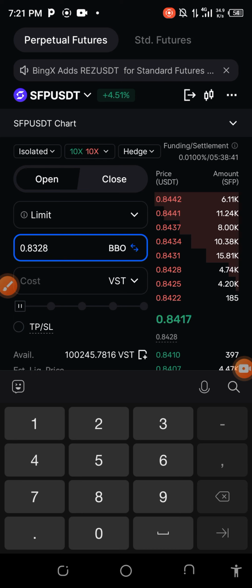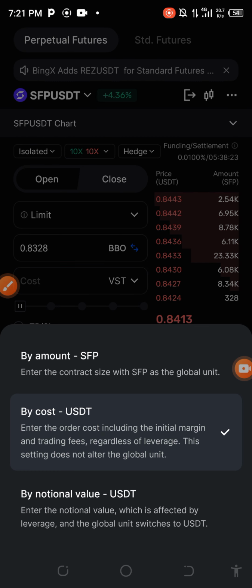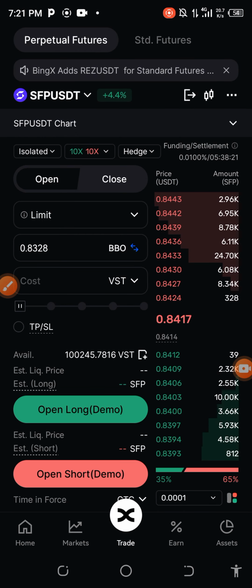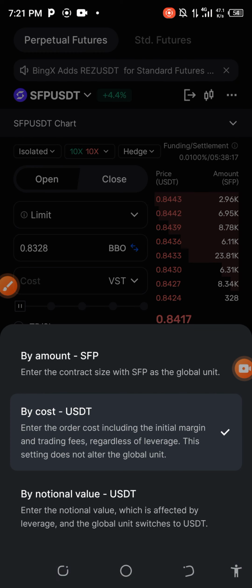You just want to set your trap for when the market comes down there. The signal will have known if that coin will go down to that level, so they will tell you to go and set your buy limit. Then, for how much you want to use, click on the cost option so that you can change to order by cost.